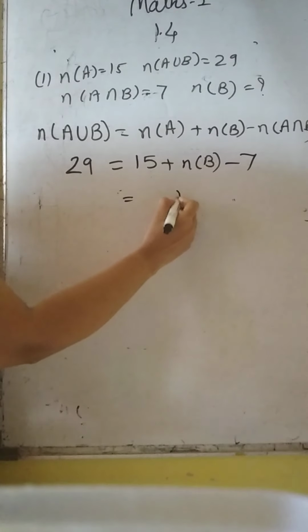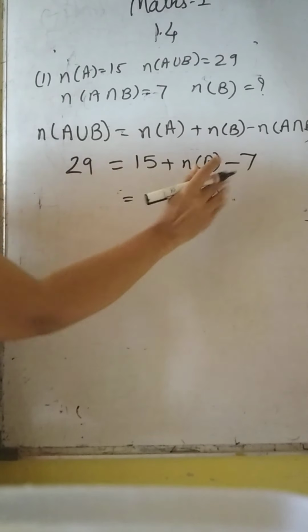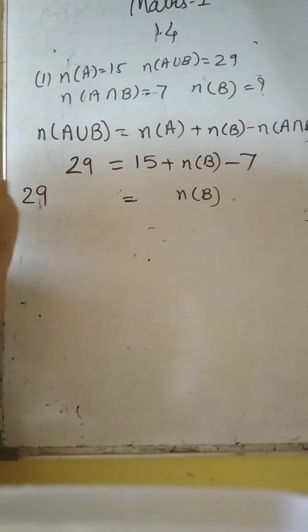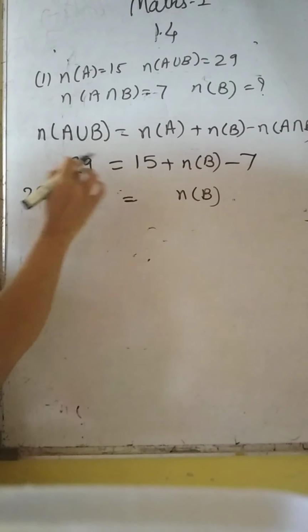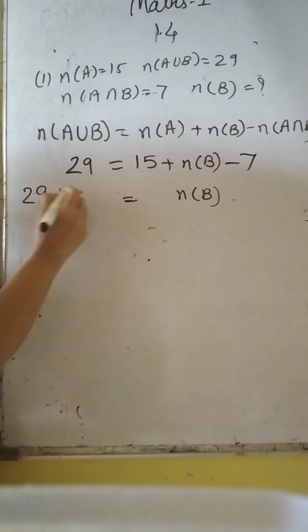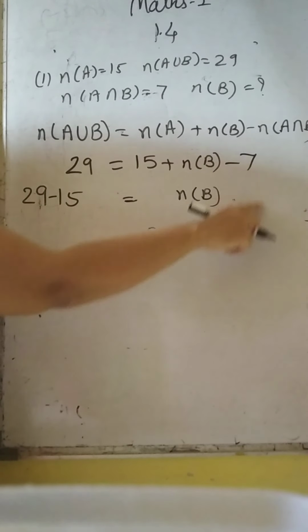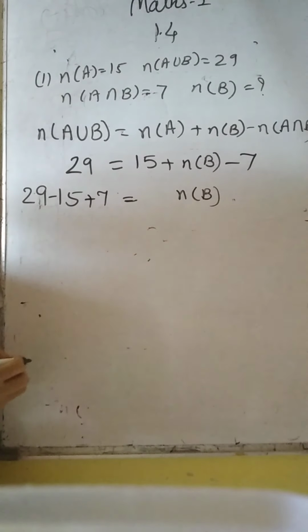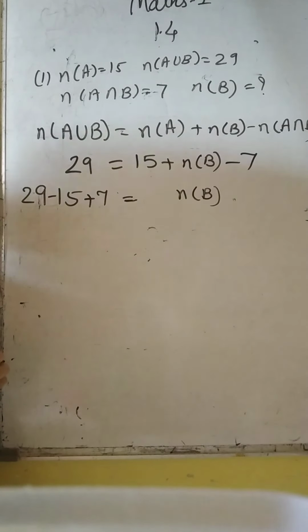N of B I am going to keep here. उसकी जगह से उसको नहीं लाऊंगी. 29 यहाँ पे, I am writing this 29 here only. 15 वहाँ से यहाँ पे लेके आओ, what will become -15. Here it is -7, चलो वहाँ से यहाँ पे लेके आओ, it will become +7. करेक्ट?